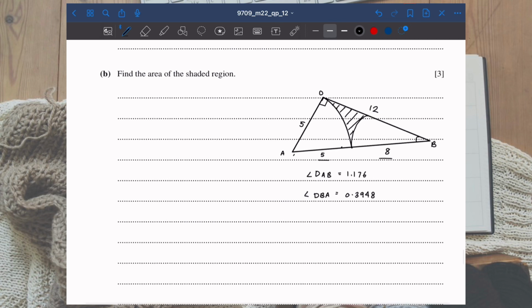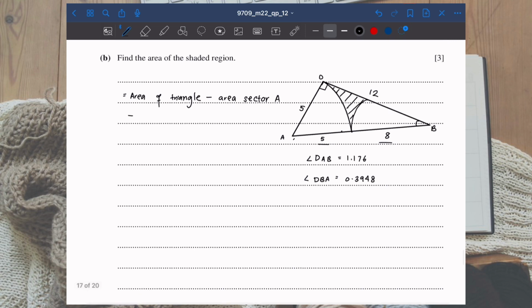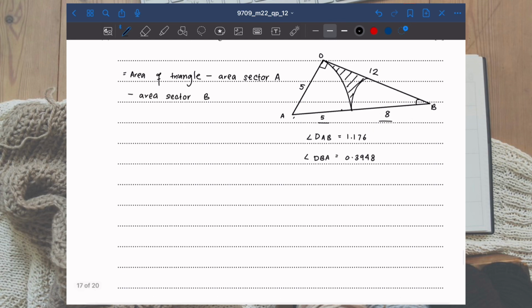So you can find the area of the shaded region by first finding the area of triangle and then minus it with the area of the sector in circle A. We'll call this area sector A. And also minus it with the area of the sector in circle B. We'll call this area sector B.